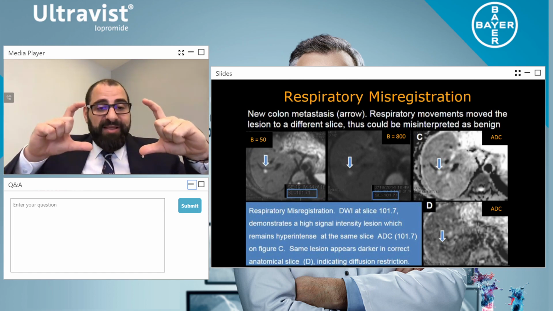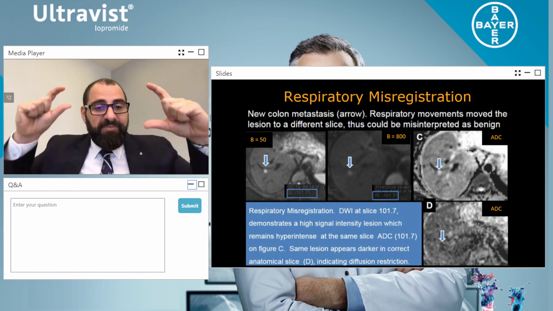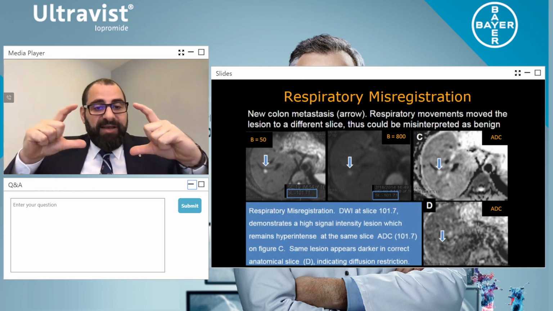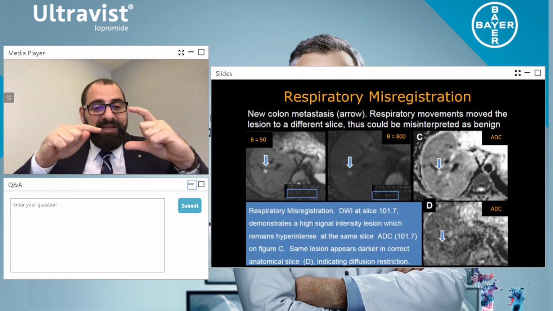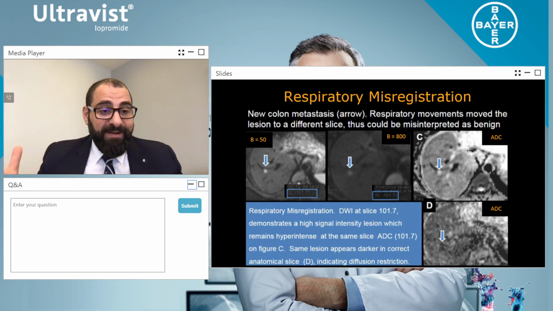Because as you breathe in, the liver also flattens and moves up or down, and it squashes with different breath holds. So we're potentially going to miss lesions if they're small, depending on your reconstruction technique. This is why it's really important that you pay attention to respiration and how it affects lesion detection.